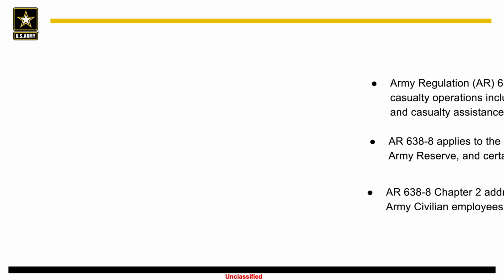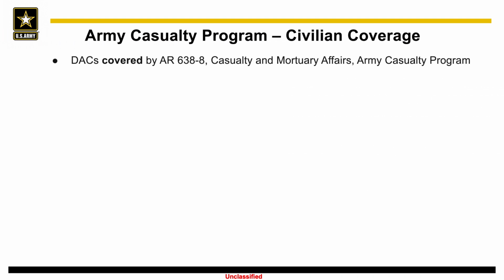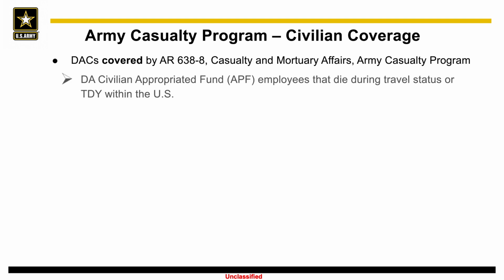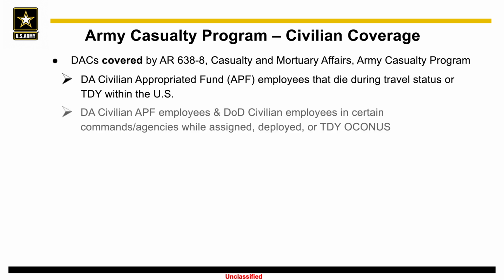Army civilian employees covered by Army Regulation 638-8 are: 1. Army civilian employees paid from appropriated funds that die during travel status or a temporary duty status within the United States. 2. Army civilian employees paid from appropriated funds while assigned, deployed, or in a temporary duty status outside the United States. 3.